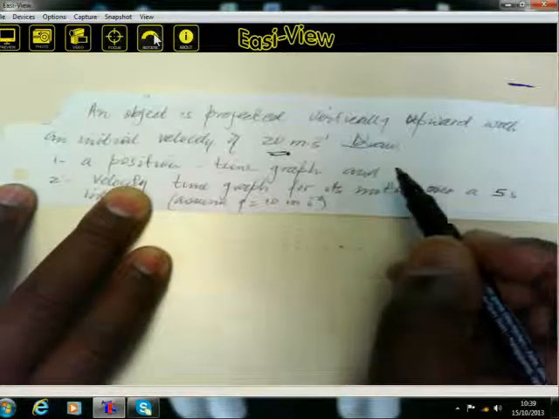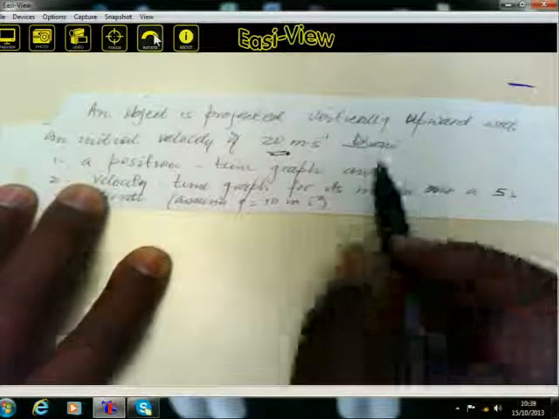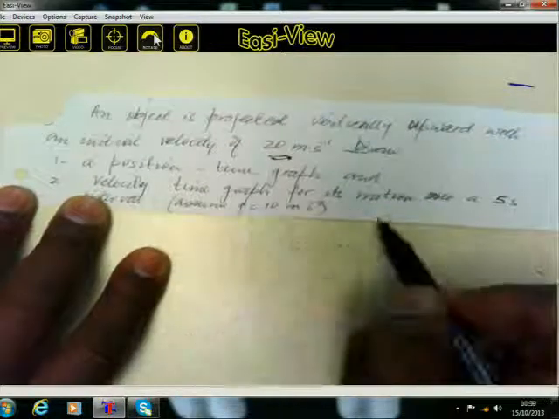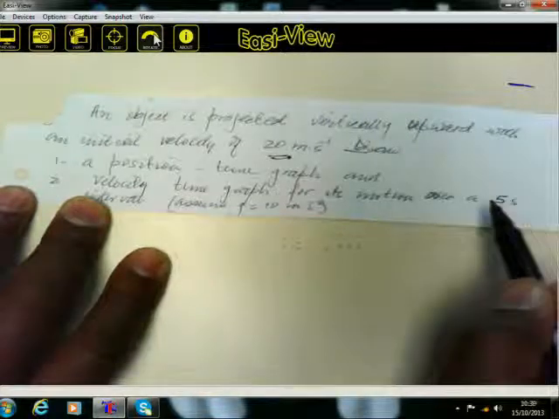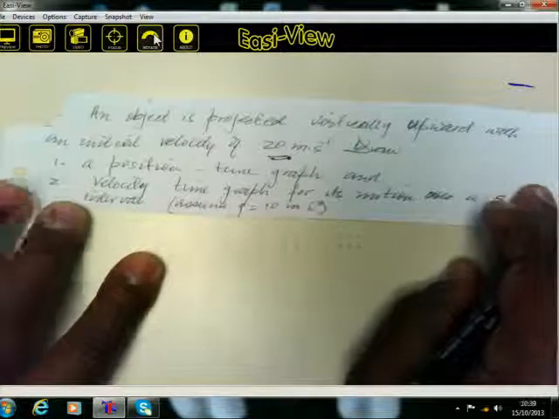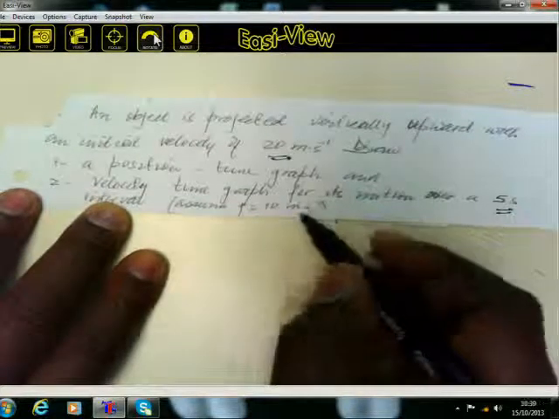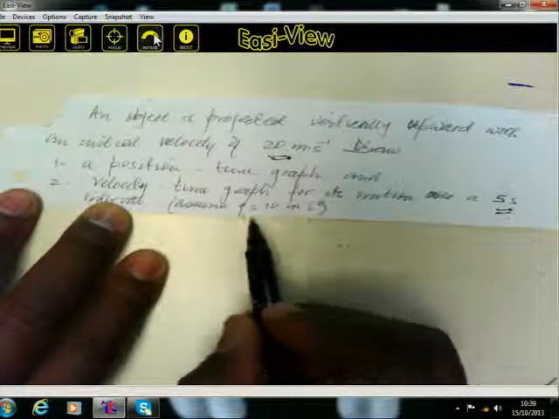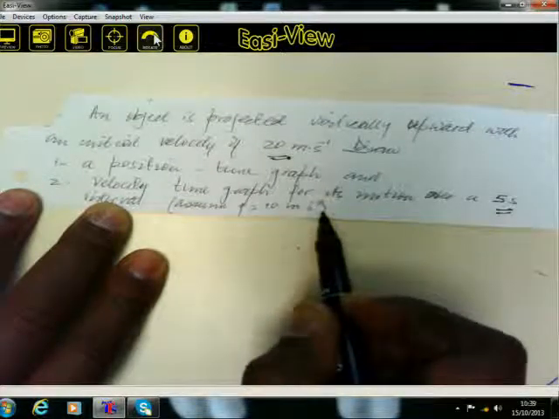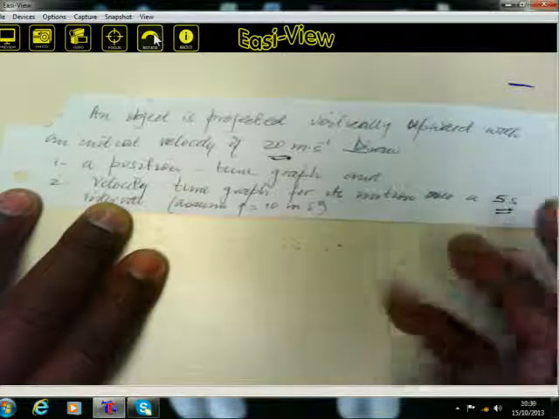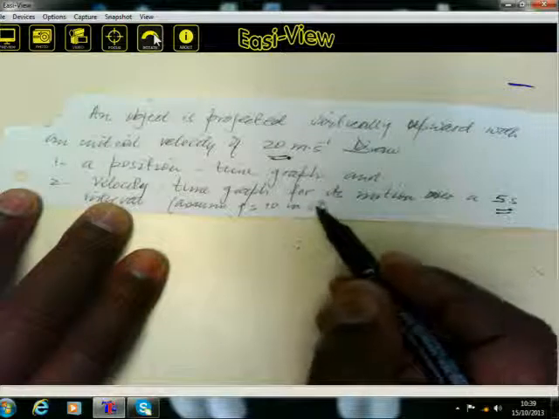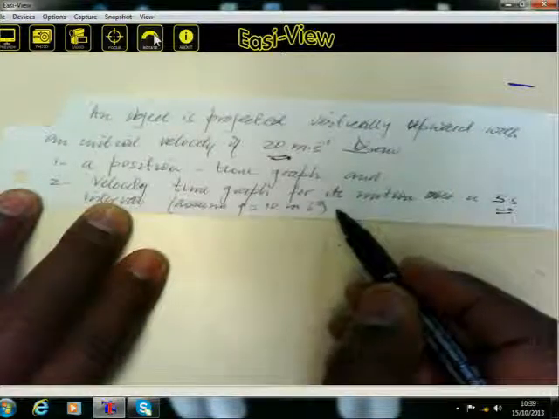Now what we need to do is to draw a position time graph, then a velocity time graph for the motion of the object over an interval of 5 seconds. For this activity, we will assume that our acceleration due to gravity is 10 meters per second squared. Of course, you know that in reality, it is 9.8 meters per second squared.